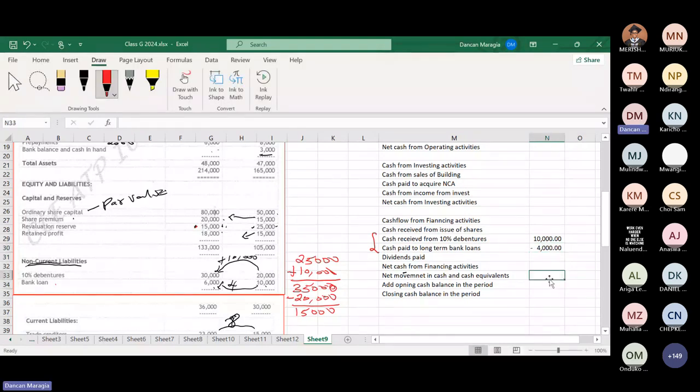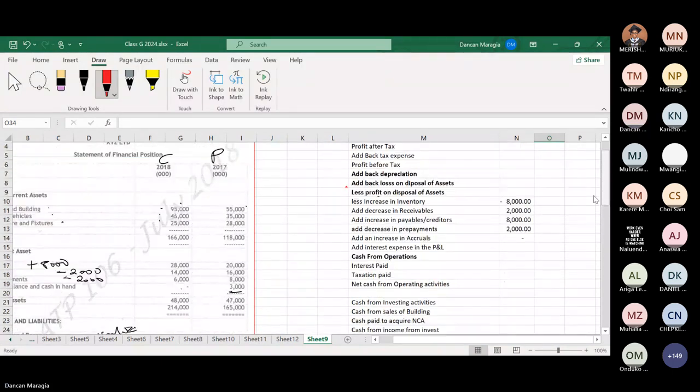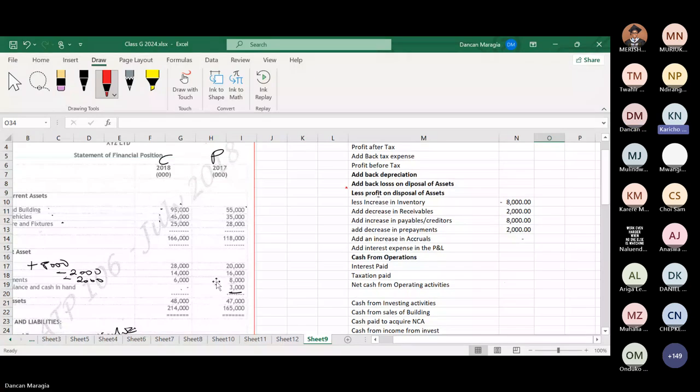And we said, I can put whichever figures there, but we even know what is going to be the cash movement. We can put it at the end, or we know what our cash was at the start of the year. Opening cash was how much? Opening cash balance in the period was 3 million.